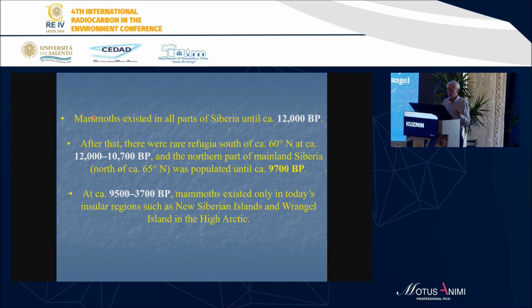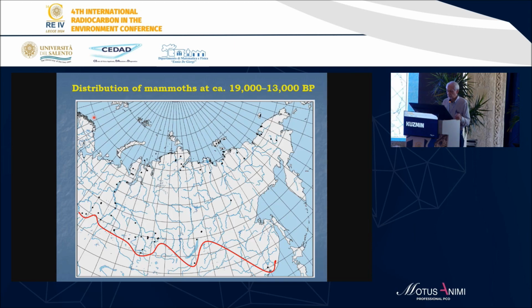Perhaps some of them were not islands then, due to the post-glacial sea level rise, but right now they're the New Siberian Islands and Wrangel Island. That's what we have after 9,500, the early and middle Holocene. Here's the last glacial maximum and soon after that. You can see that the mammoth southern limit was quite far south.